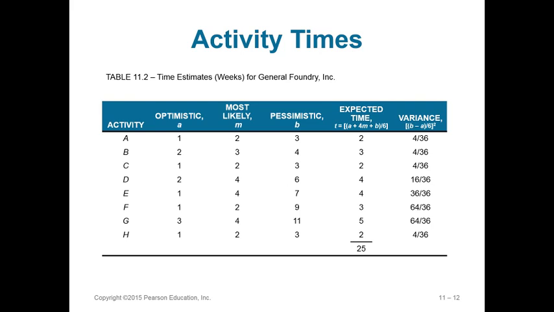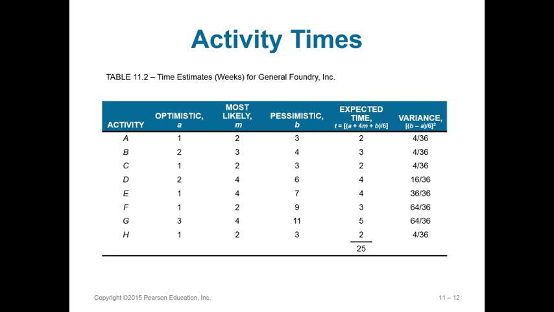Actually, the only way that 25 would be the actual time from start to finish would be if A was your first activity, followed by B, followed by C, followed by D, E, F, G, and then H. So if it was linearly linked like that, that you had to do A before B, B before C, C before D, D before E, then 25 would be the actual length of time for the project.